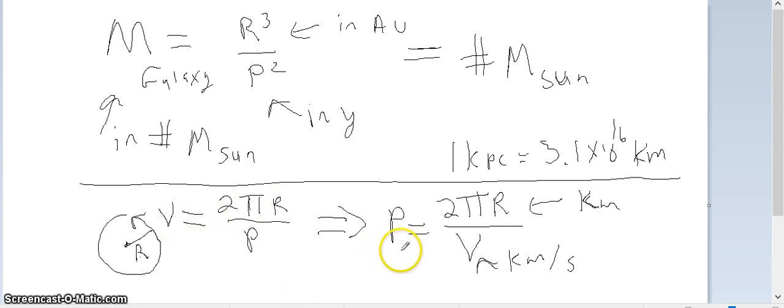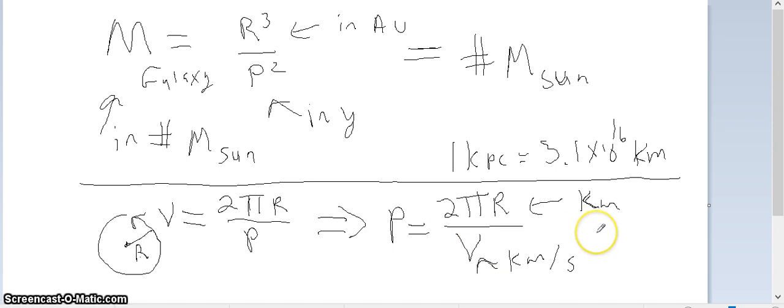That's how we can use the velocity information, which is given to us in kilometers per second, and the distance that the star is from the center of its galaxy, which originally is given to us in kiloparsecs, but we can use this conversion to convert it from kiloparsecs to kilometers. And so we're going to use this equation to figure out what the period is. And the period will come out in seconds, right?